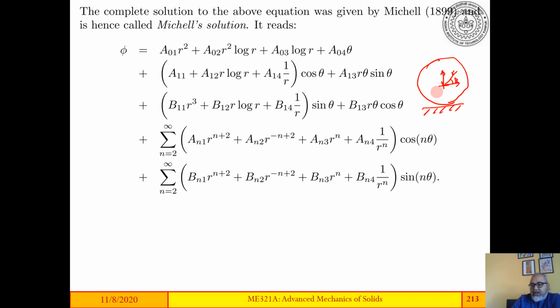R equal to 0 is the center, which is part of your domain. Say it's under some load like this. So R equal to 0 is part of the domain, which means that terms like this, which are undefined at R equal to 0, will not be part of the solution.